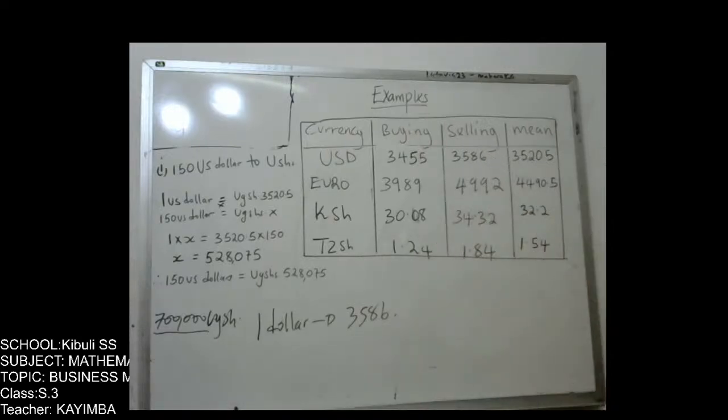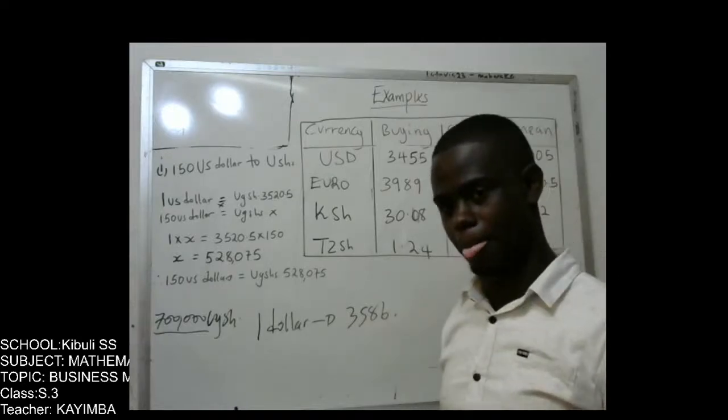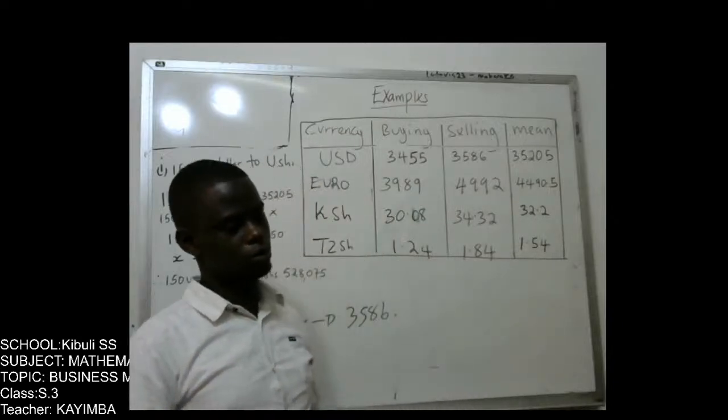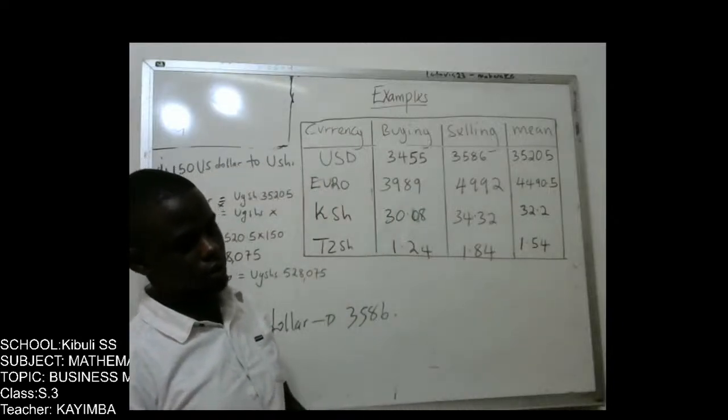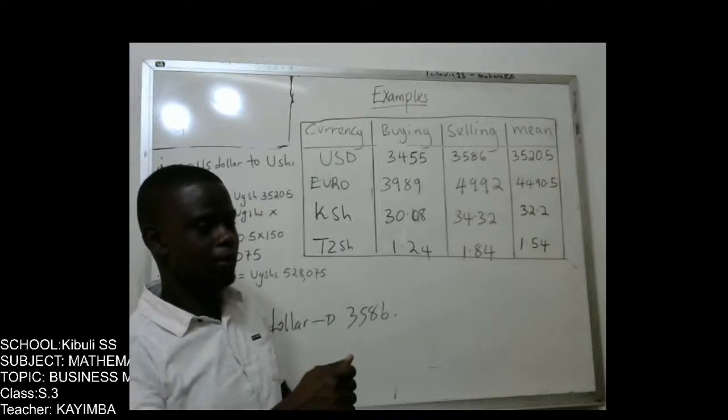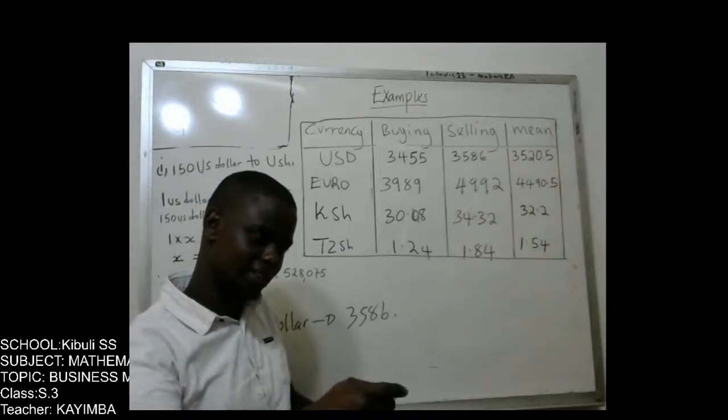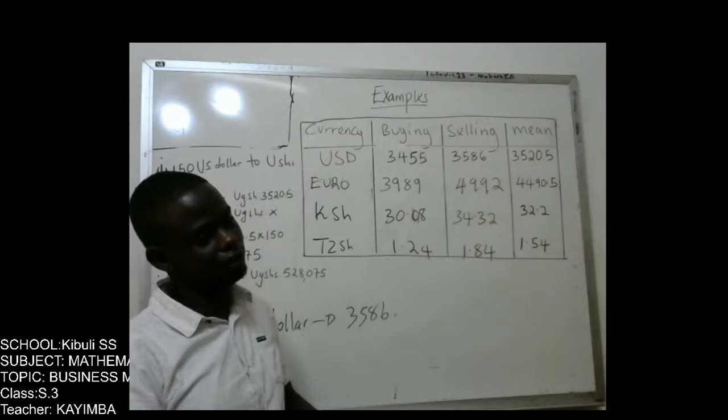But let's say Kayongo is coming from USA, and he has his dollars. Now he wants to get Ugandan money. Are you getting me? If he wants to get Ugandan money, which side are we going to use? He goes to the bank, he gives in the dollars.